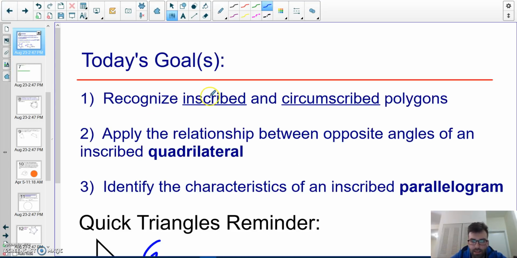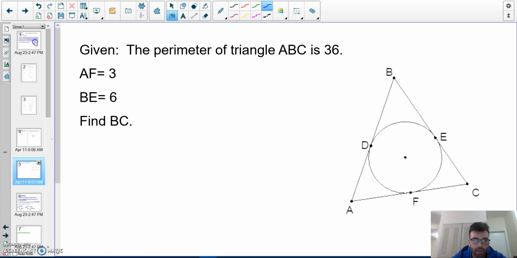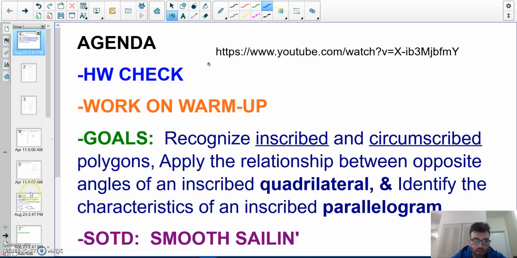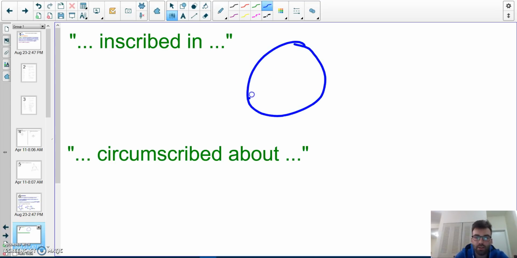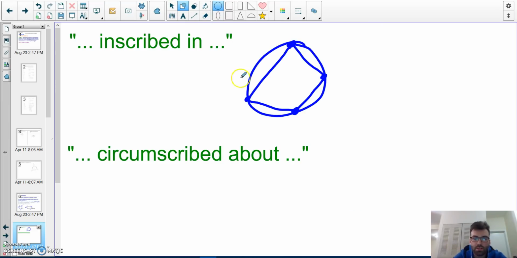In our goals, recognize inscribed and circumscribed polygons. There's a difference when a polygon is inscribed in the circle and circumscribed about the circle. If it's inscribed in the circle, I have this circle and the vertices of my polygon rest on the circle. It's inscribed in, it's inside. There's a case where it's circumscribed about the circle.